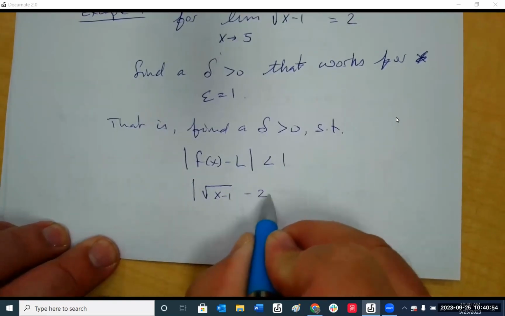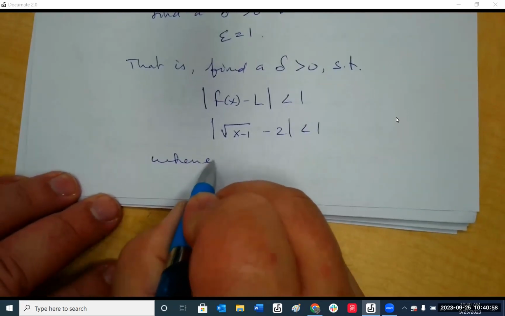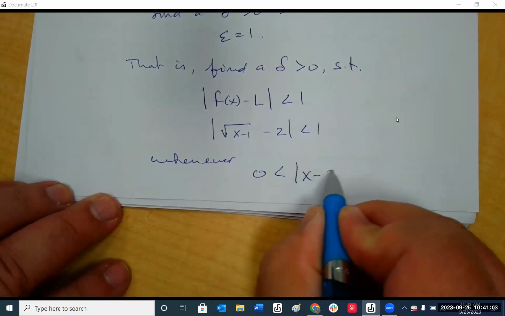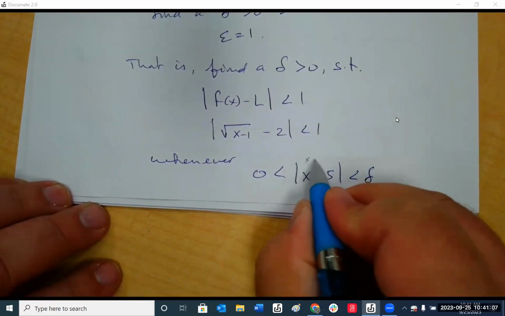|sqrt(x - 1) - 2| < 1 whenever 0 < |x - 5| < delta. This is the x minus c part.